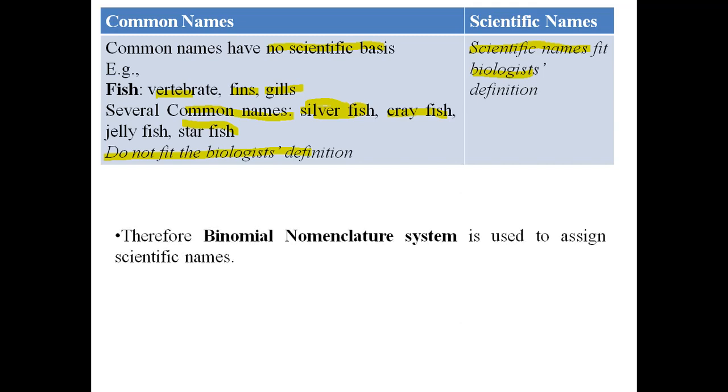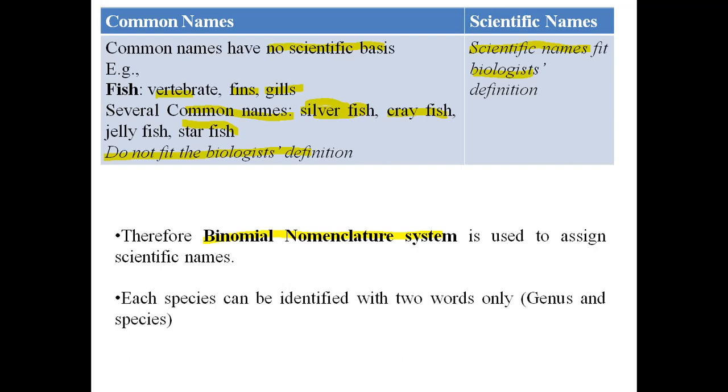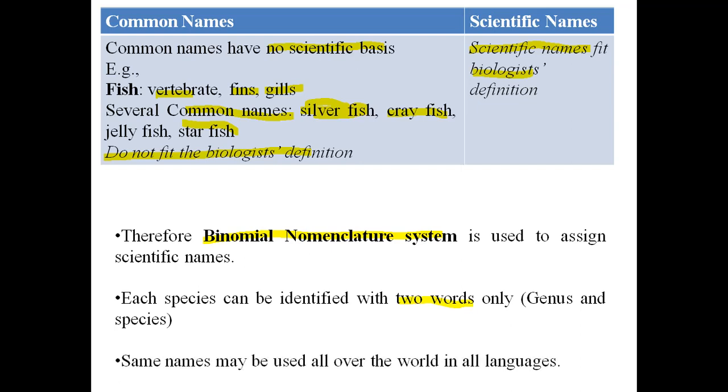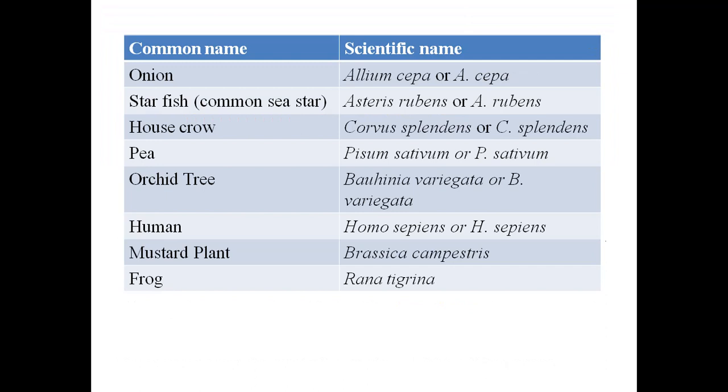Therefore, the binomial nomenclature system is used to assign scientific names, and each species can be identified with only two words: genus and species, and the same names may be used all over the world in all languages. Here some examples are given with the common name and their scientific name.